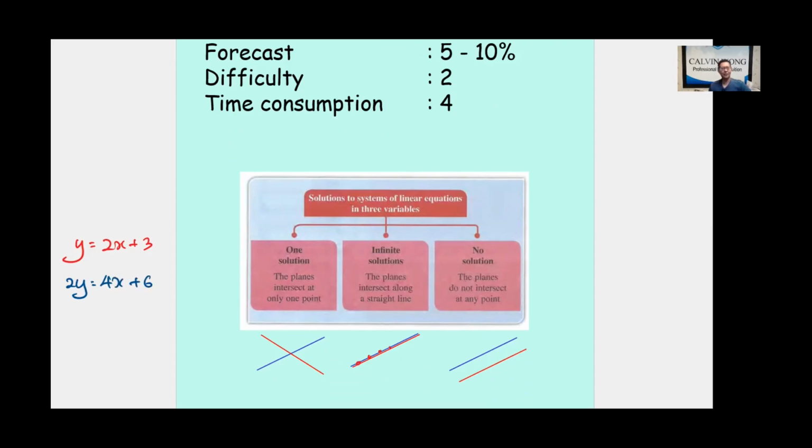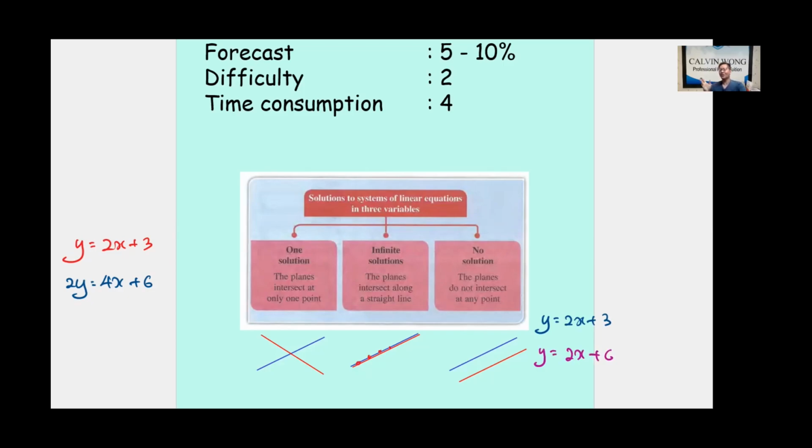It is exactly the same. So you have infinite solutions, like the Infinity War. So how about no solution? Like y equals 2x plus 3 and then y equals 2x plus 6.